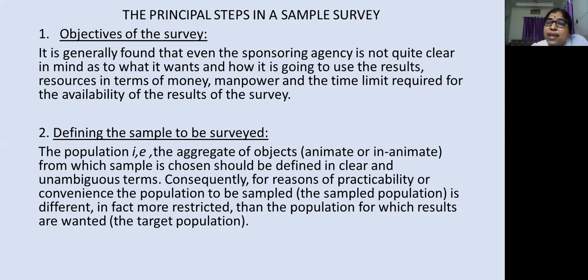So what we are saying is that a sample survey would be a better option for us, where we can save money, time and energy, and we can answer the problems given to us by studying a certain set of the population, not the complete population. So sample surveys are very important. If you do a proper survey and collect the data properly, then you can analyze it.